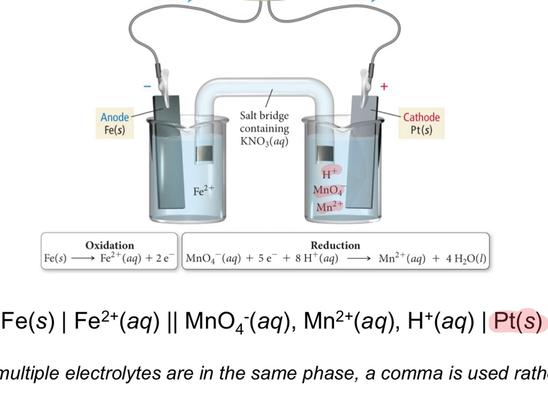So we can't separate those via single lines. Instead, we will separate them via commas. So anything where you have a redox reaction and you have things that are participating that are in the same phase, you just separate them via commas as opposed to the solid line when we actually change phase overall.